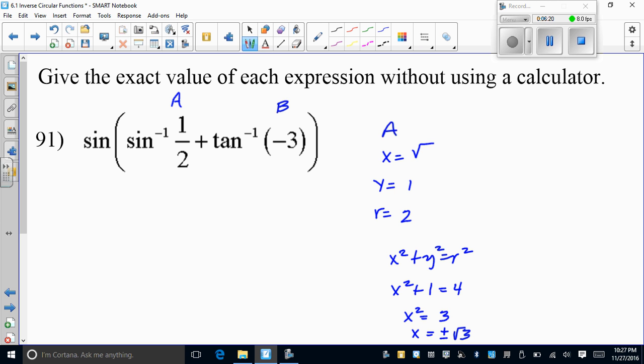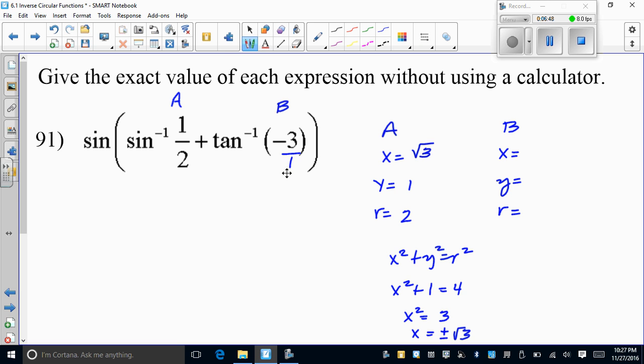Angle B, x, y, r. Now, we can do this bit. So we don't know which one has the negative. In all honesty, we don't have a clue. When they gave us tangent, we're like, oh, which one's which? So this is y over x.